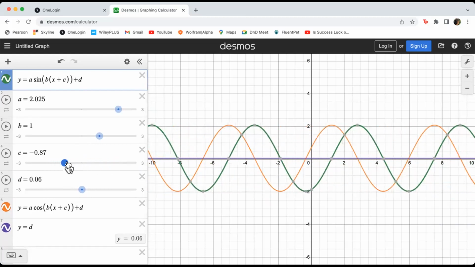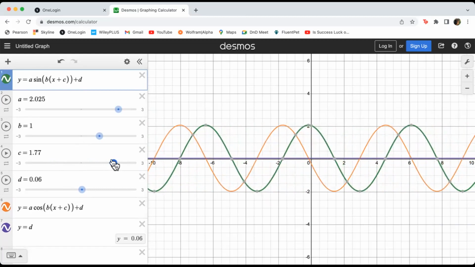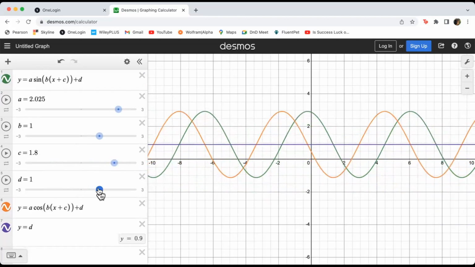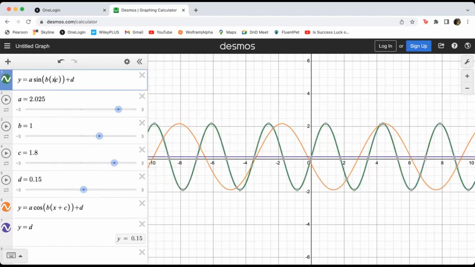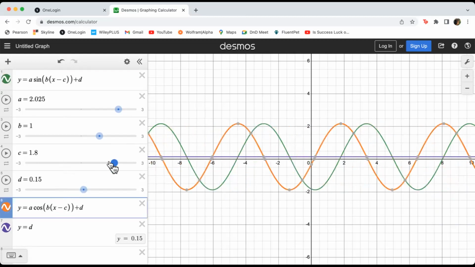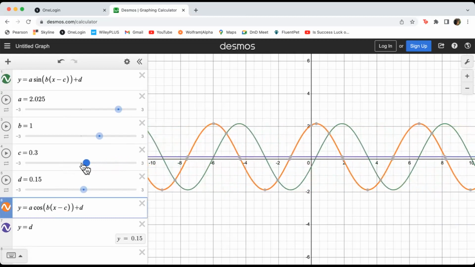If they both say plus, then if I move C up, the graph's going to the left. But if it says plus D and I move D up, then the graph goes up. But then when I make these negative, now when C goes up, the graph goes to the right. And when C goes down, the graph goes to the left.